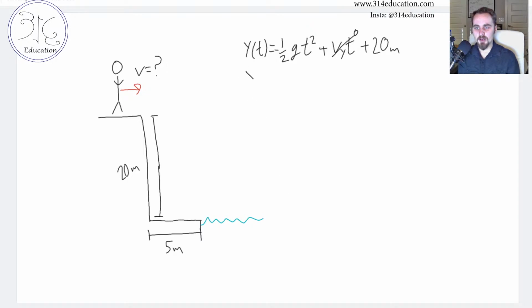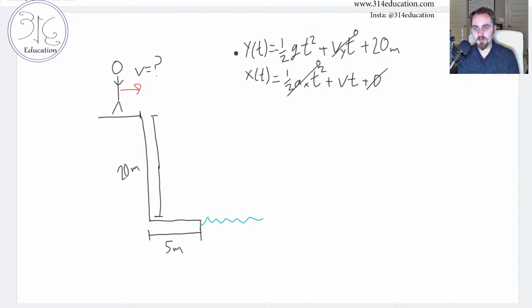Then in my x direction, I have no acceleration in the x, so this term goes to 0. My initial velocity in the x is the velocity that I am running because I'm just going horizontally off the side. We're going to measure from this distance there, so there'll be no offset. So that term's going to go away also.